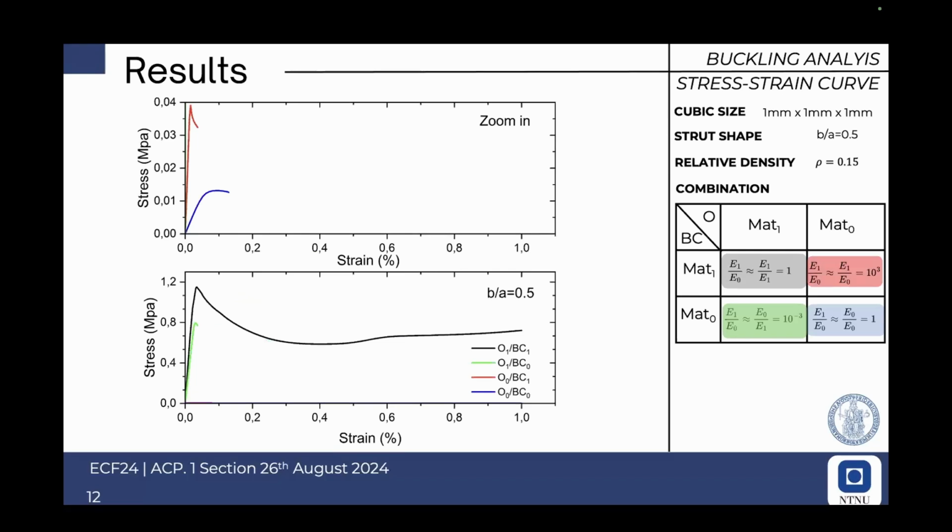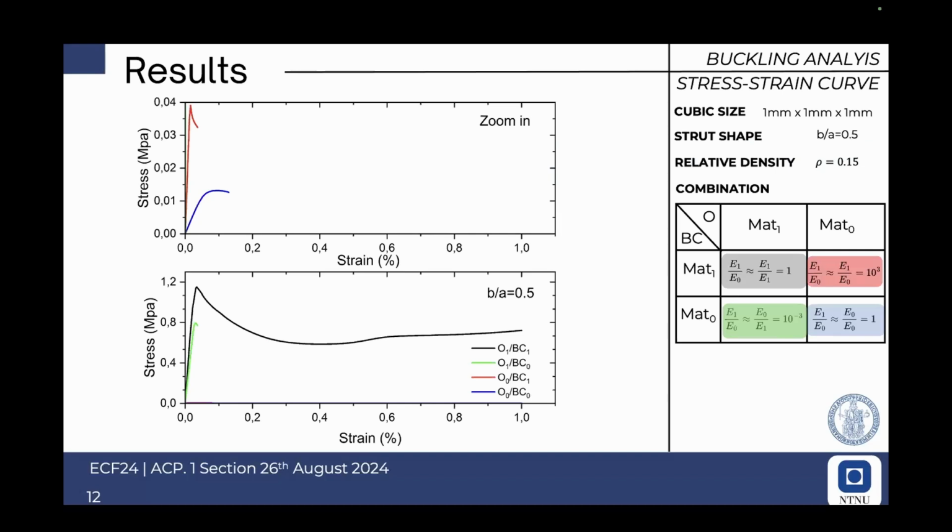In this result, you see instead still some issues in terms of convergence. This is a sign that this study is still at a preliminary stage, but you may observe that in general all the 4 combinations clearly show the linear region and the buckling region.